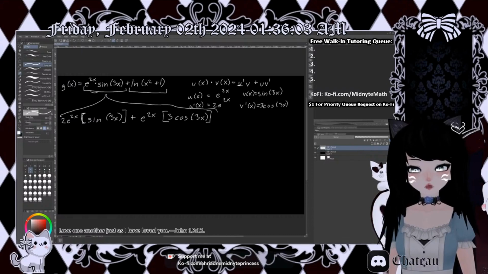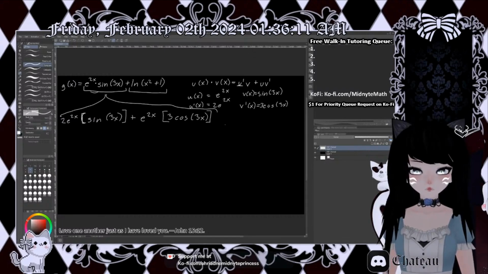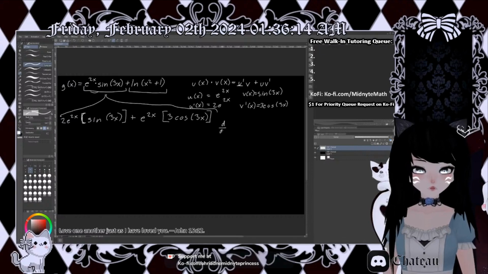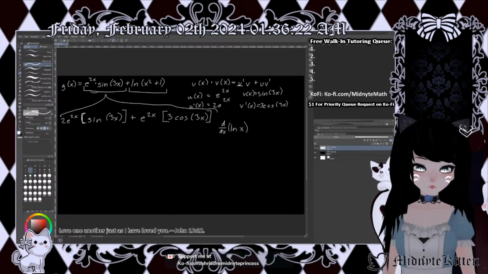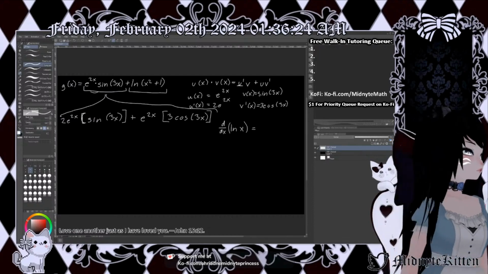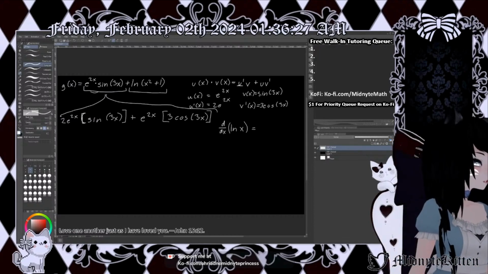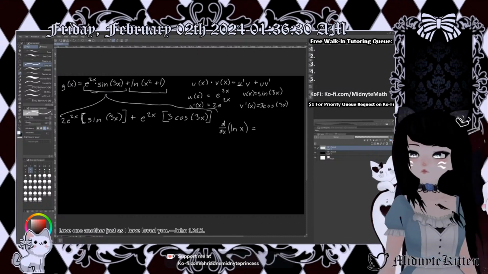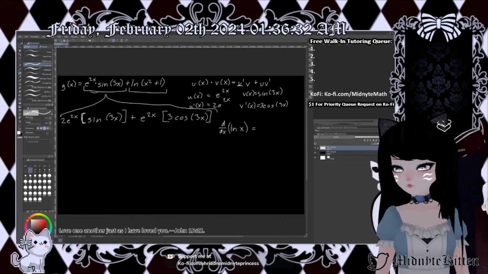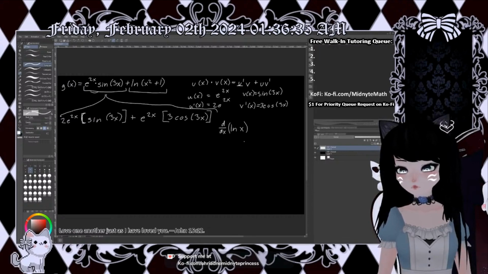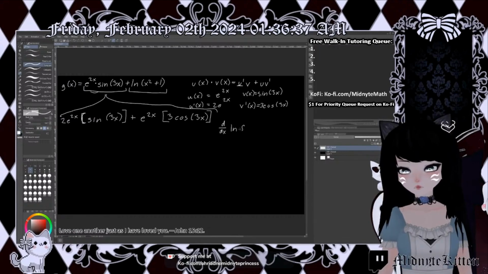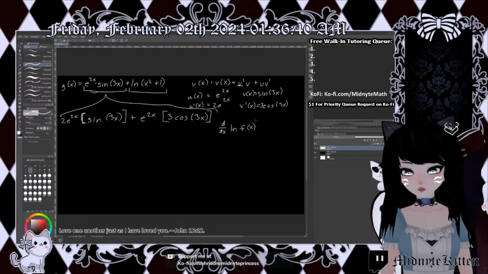Now we need the derivative of ln of x squared plus 1. So first, what is the derivative of ln? Let's see. We have a function.